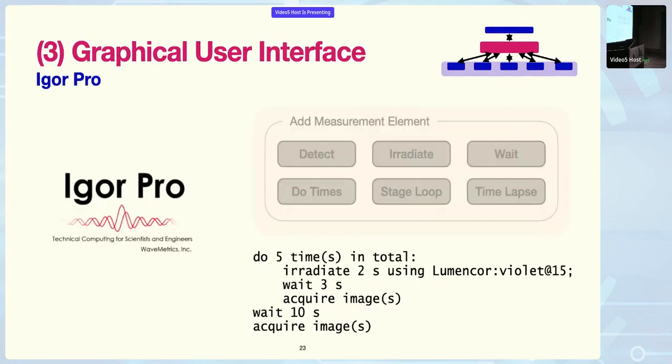So third, we also have a graphical user interface, and this GUI is written in Igor Pro. Igor Pro is software that is often used for data analysis in a biological or biochemical context. What we do here is we have constructed some buttons, and by touching these buttons, the users can construct their programs.